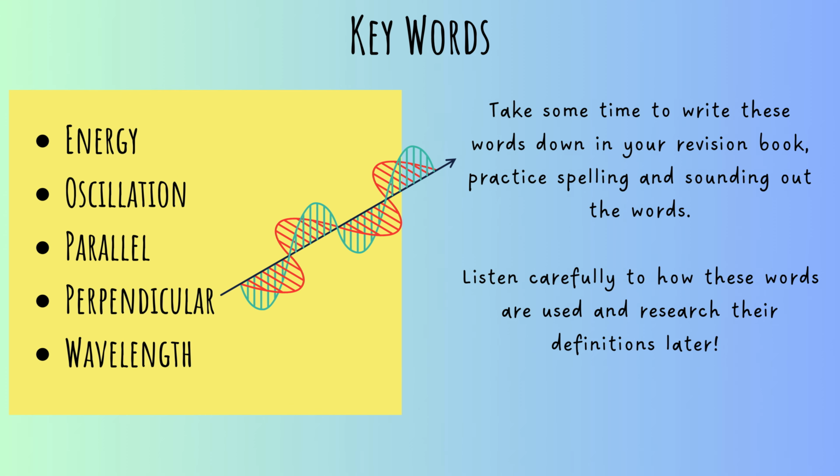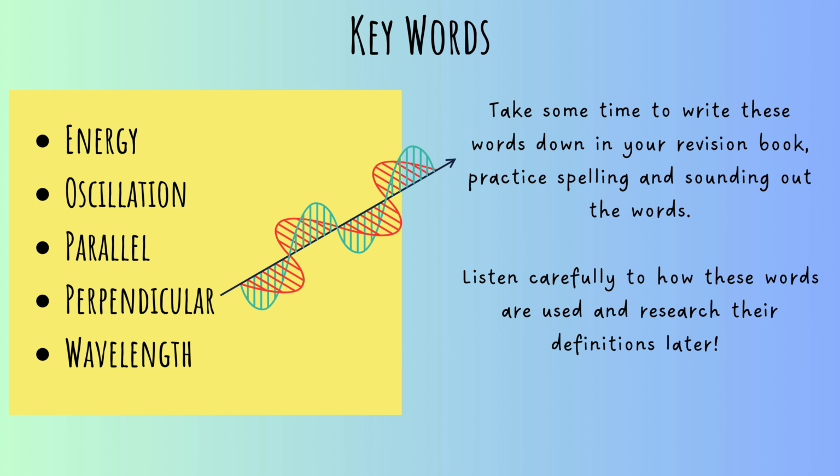Your important keywords this time are energy, oscillation, parallel, perpendicular, and wavelength. Try saying all of those quickly. Take some time to write these words down in your revision book. Practice spelling and sounding out the words, and listen carefully to how these words are used.